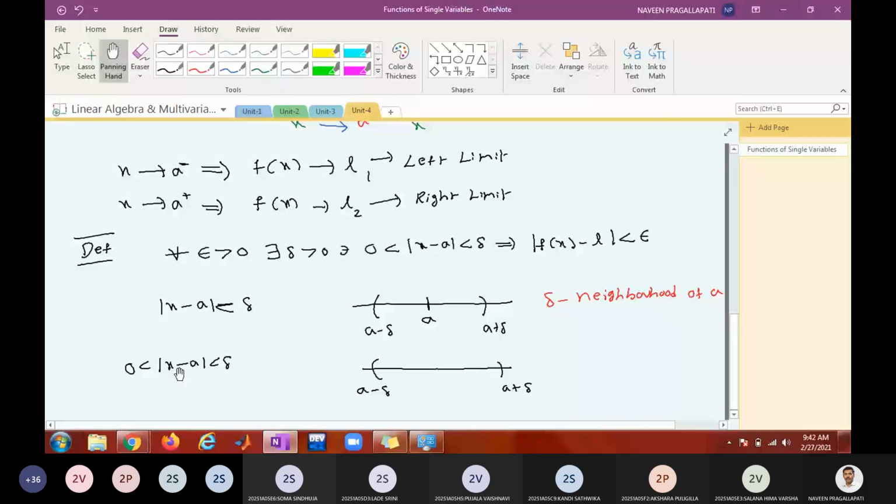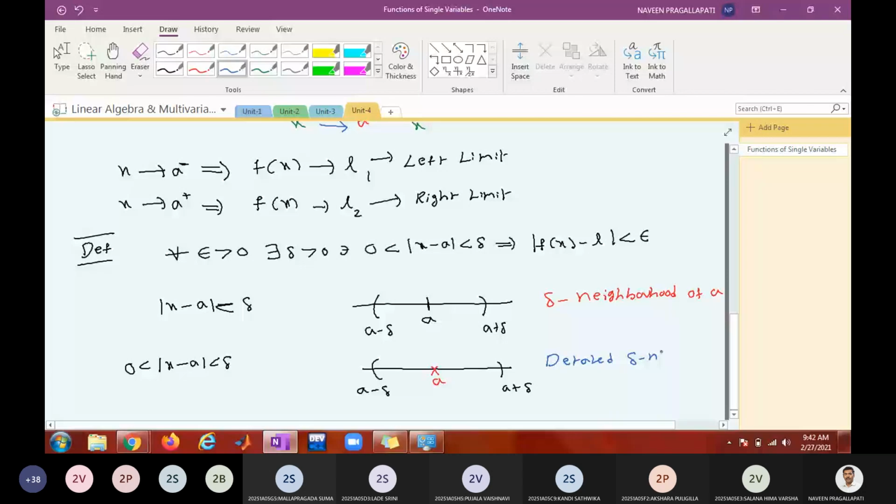That means the collection of all these points in this set, excluding what point? a. So from the neighborhood of a, if you delete the point a, what is that neighborhood called? Deleted neighborhood. Deleted delta neighborhood of a.